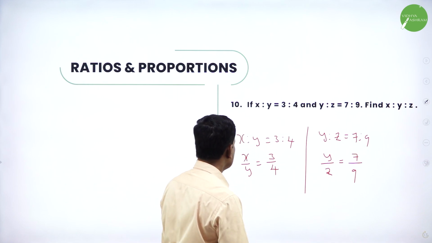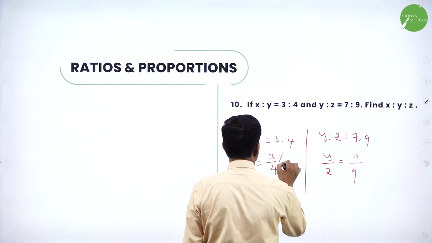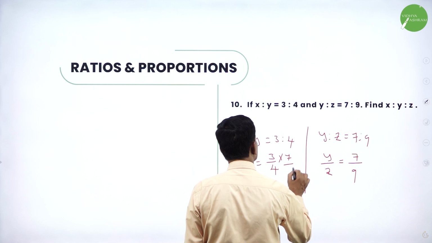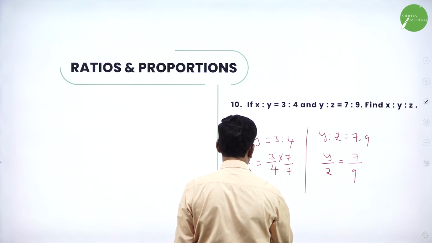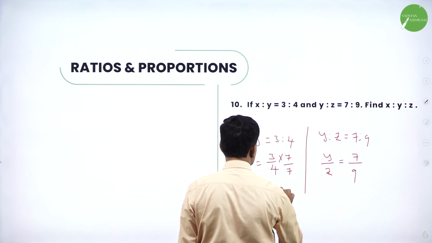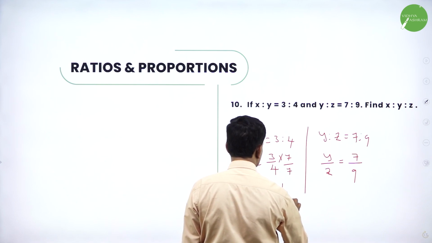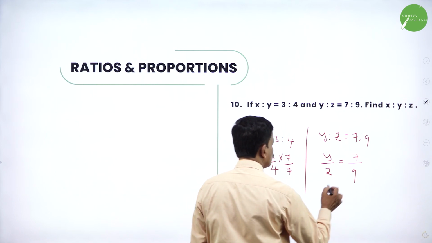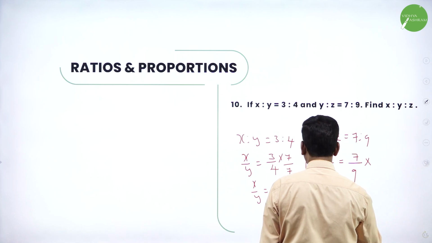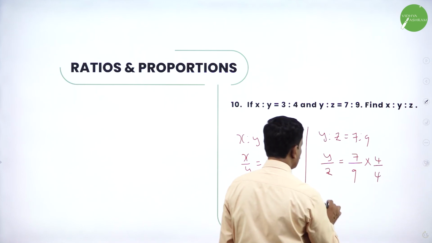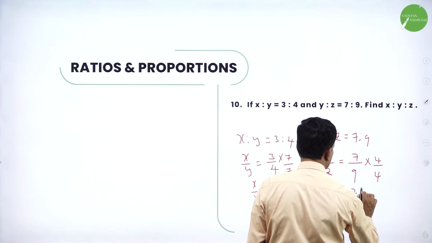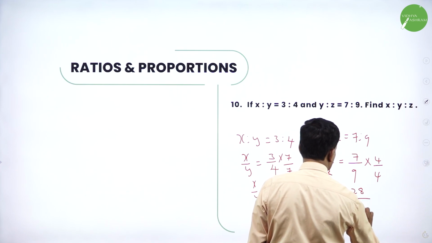Okay. Now just multiply this, both numerator and denominator, by 7. So X by Y is equal to 7 3s are 21 divided by 7 4s are 28. Then you just multiply this by 4. So what you will get? 7 4s are 28 divided by 9 4s are 36.